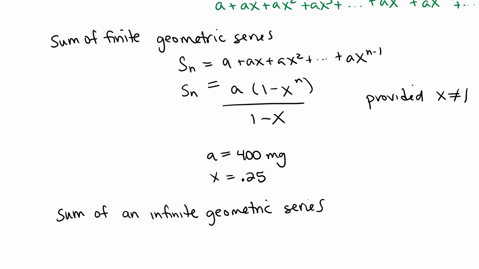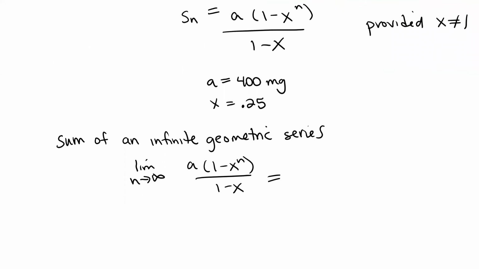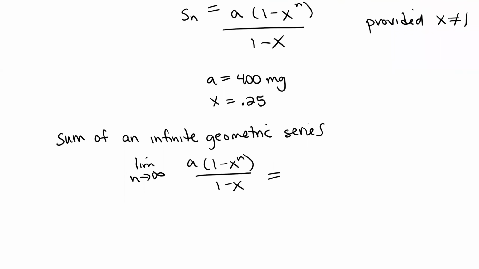So if we look at the limit as n goes to infinity of Sn, we've got the limit as n goes to infinity of a times 1 minus x to the n over 1 minus x. And this is going to equal, well, we'll have to actually look at a couple different cases.